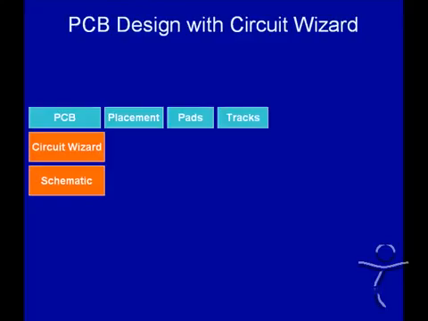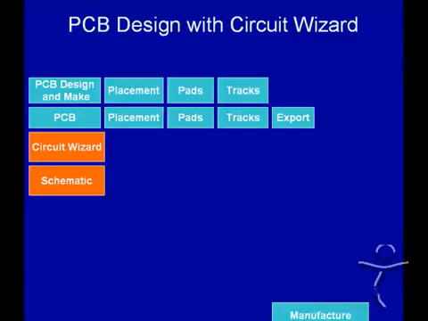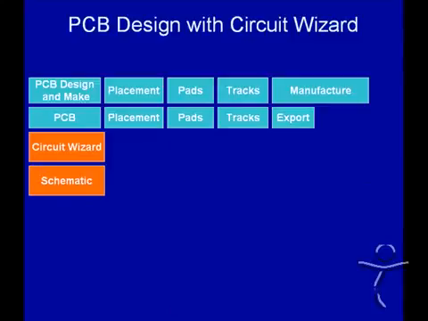We've now gone through the placement of the components, the pads and the tracks, and now we're going to go to the export option through PCB Design and Make. Again do the placement, do the pads, tracks, and then create a manufactured board.